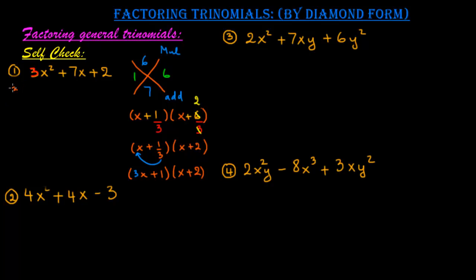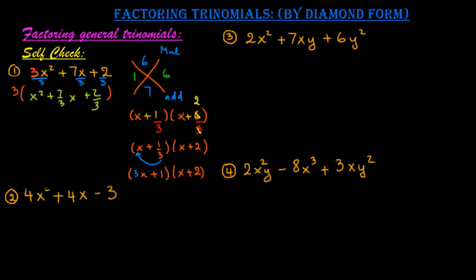So I will have my 3 in front as my factor, then every single term inside will be divided by 3, which gives me x squared plus 7/3 x plus 2/3.